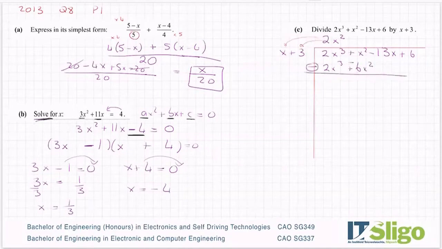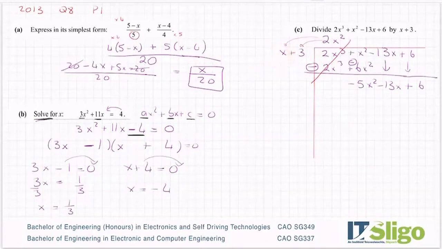Change the sign, and 2x cubed minus 2x cubed cancels. And I have plus x squared minus 6x squared, so that's minus 5x squared. I haven't used the minus 13x or the plus 6, so I take them down. And then I repeat the process.